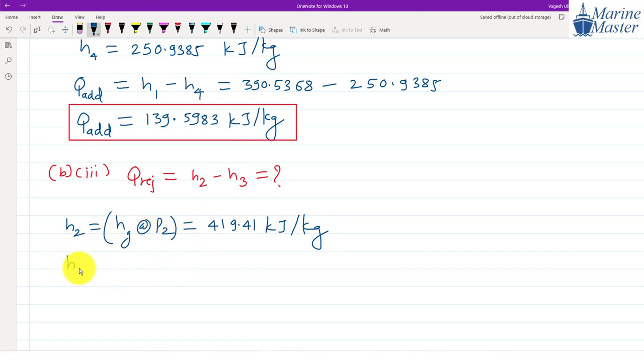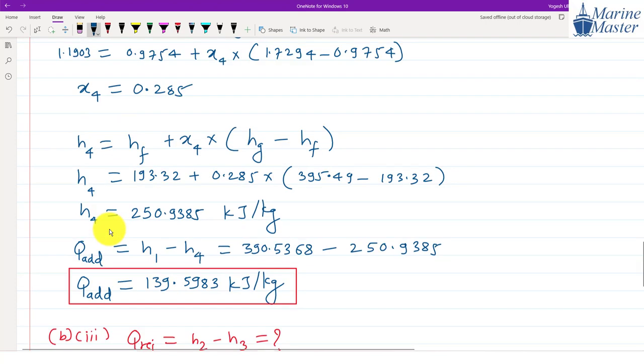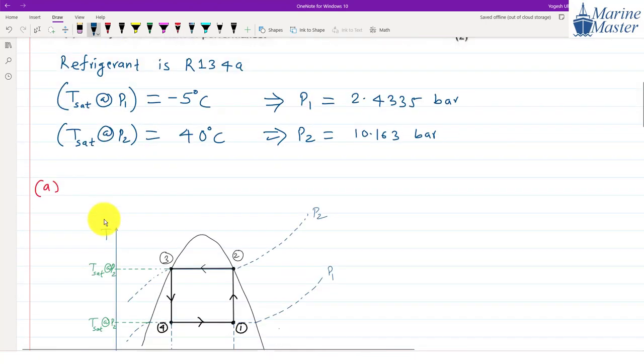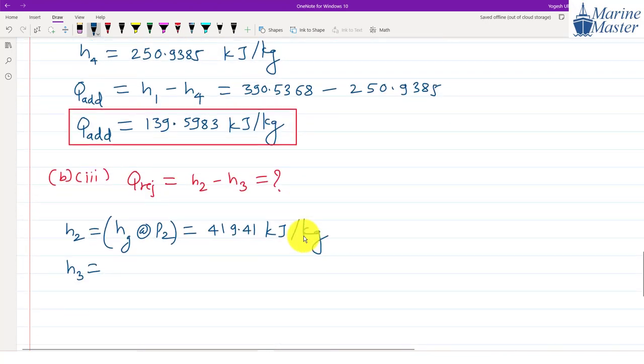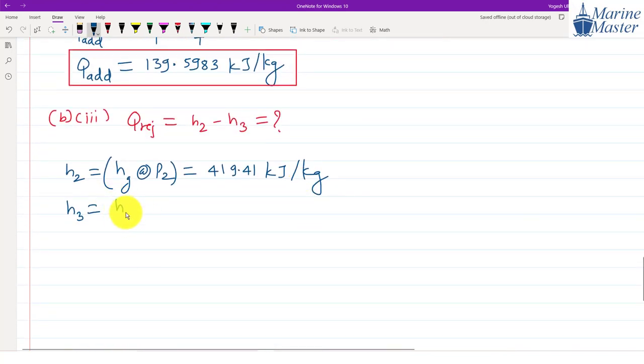And then H3. What is the state of point 3? Saturated liquid. For saturated liquid, the enthalpy is Hf, but at what pressure? P2 pressure, because point number 3 is at P2 pressure. So H3 will be equal to Hf at P2.